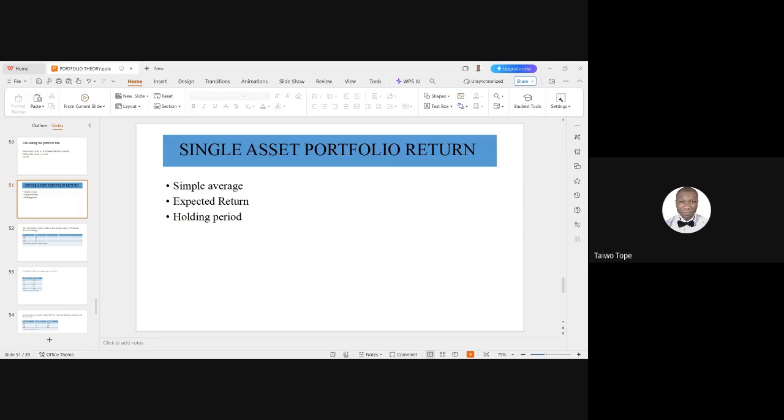So tonight we'll be looking at portfolio return and also portfolio risk. In our previous class, we looked at portfolio return where we have more than one asset. We discovered we need an understanding of single asset portfolio return, where you have just a single asset, and there are various ways to compute the return.